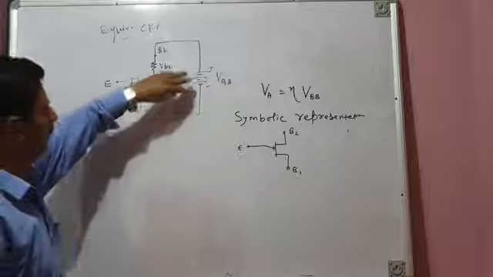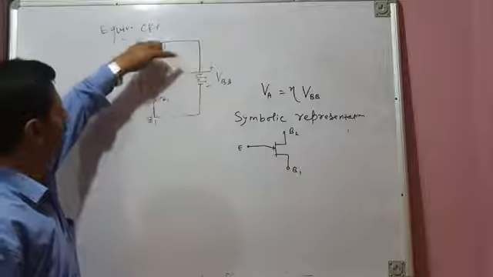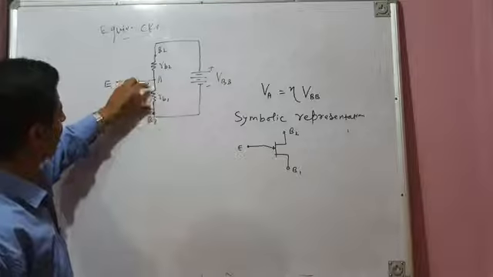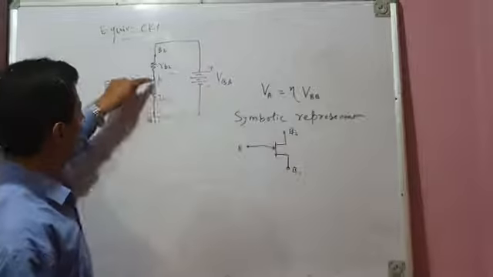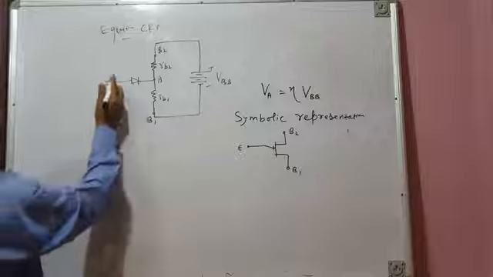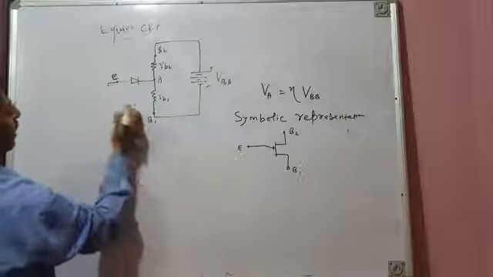So now we have seen that when the UJT is biased, a DC voltage applied between base B1 and B2 causes a voltage drop across this resistance RB1, which is called VA, the voltage at point A. It is eta times VBB. Now let us do one thing. Let us apply another voltage source between emitter and base B1.